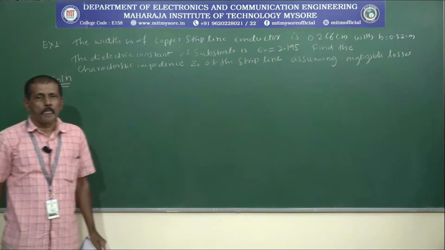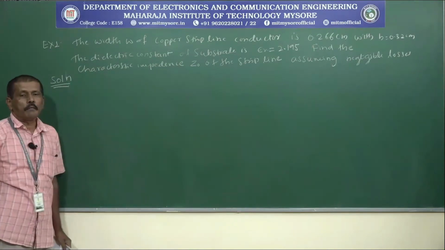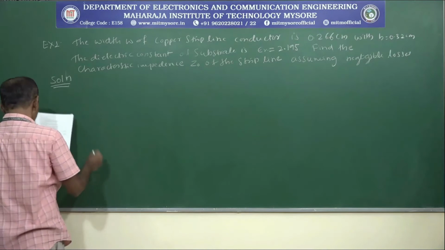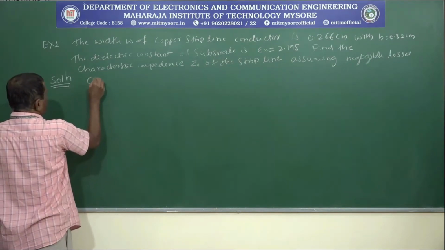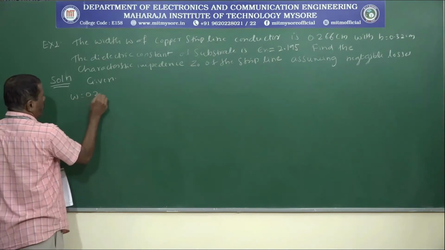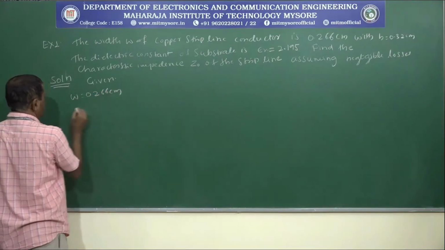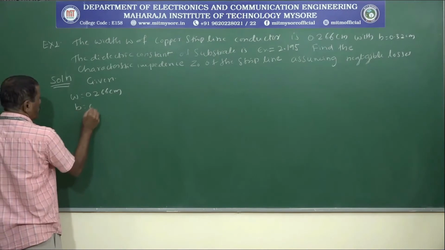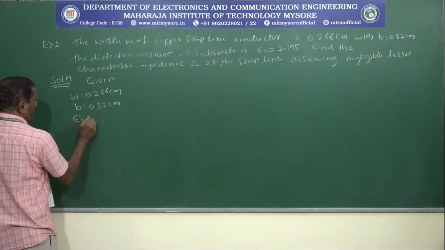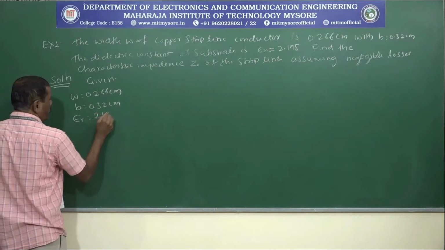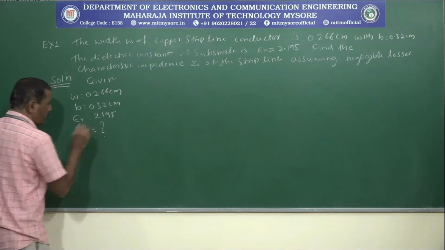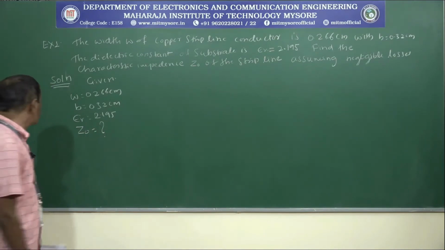To solve this problem, first write the given values and then calculate the unknown value. Given W equal to 0.266 centimeter, B equal to 0.32 centimeter, epsilon r equal to 2.195, and we are supposed to calculate the characteristic impedance.